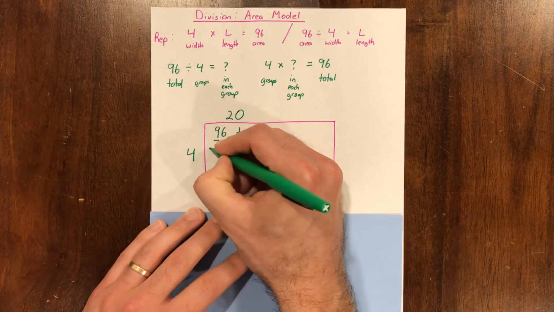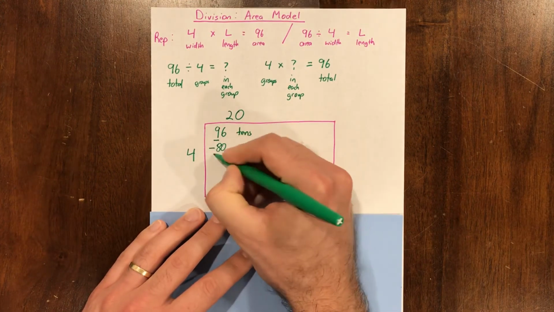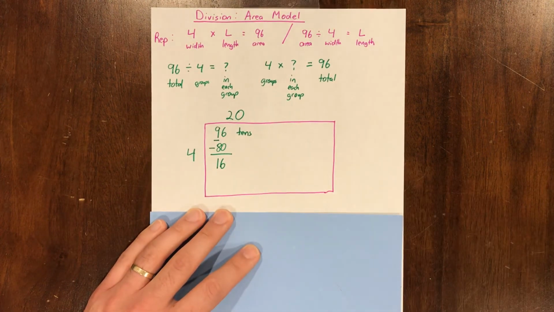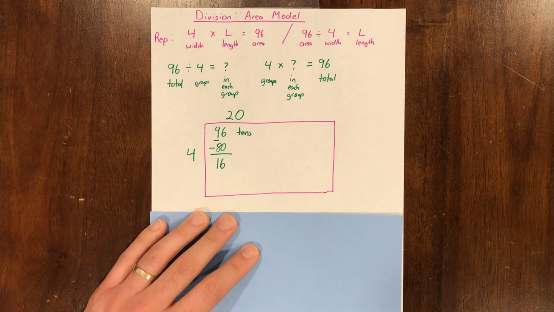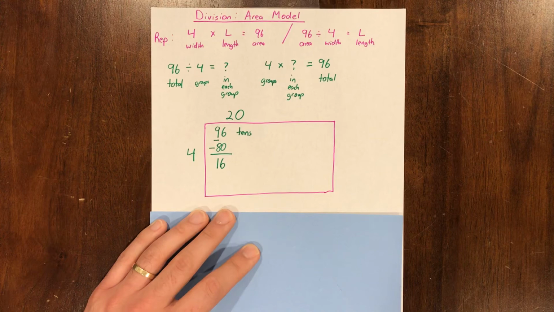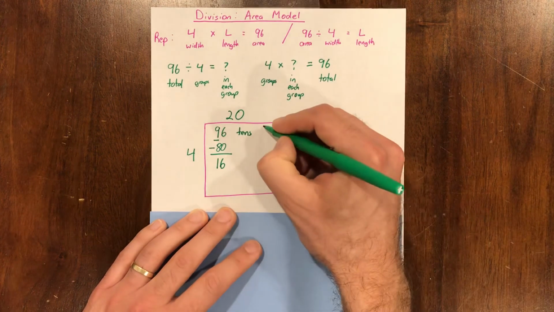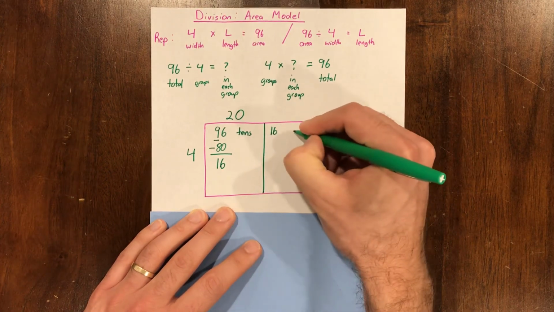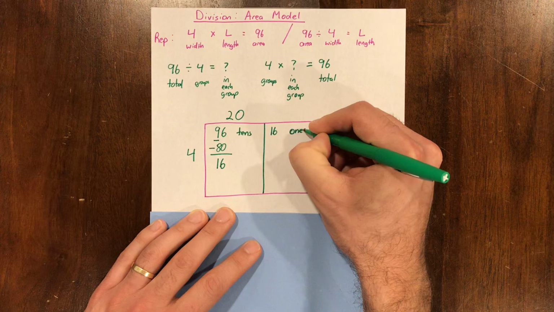Yeah, I can take away 80 from 96, and that means I'm going to have 16 left. And what place value are we working with now? Say it out loud. Right, the ones. We're going to have 16 ones. So I'm going to start a new section of the rectangle and put 16, and now we have ones.